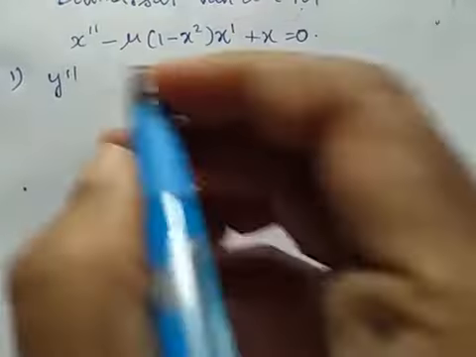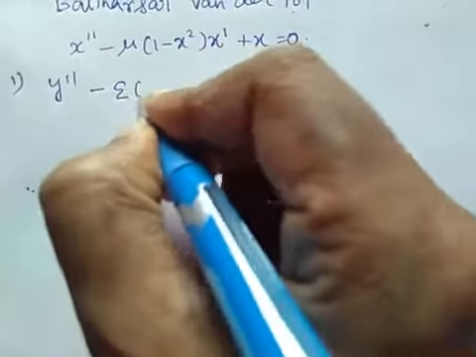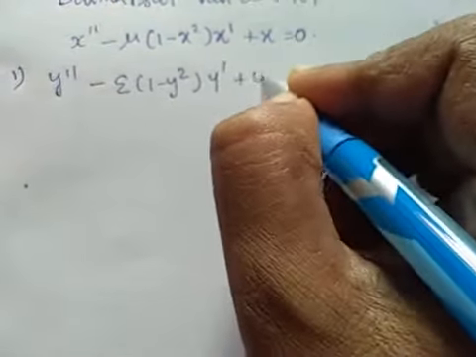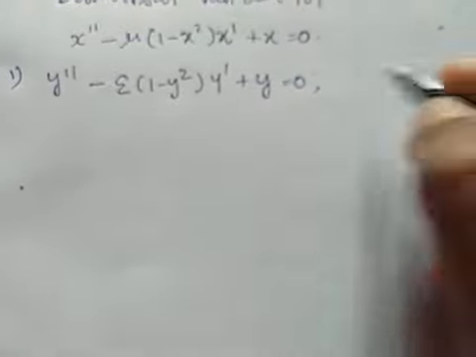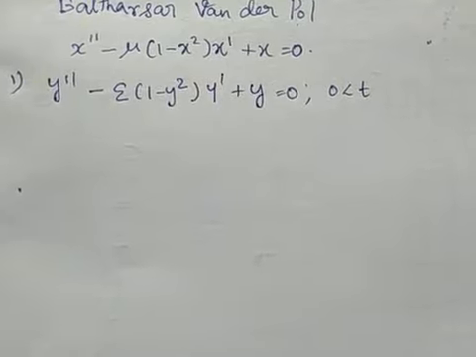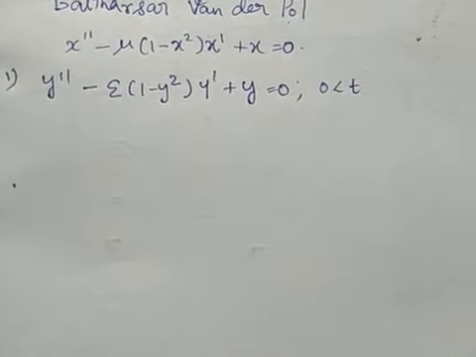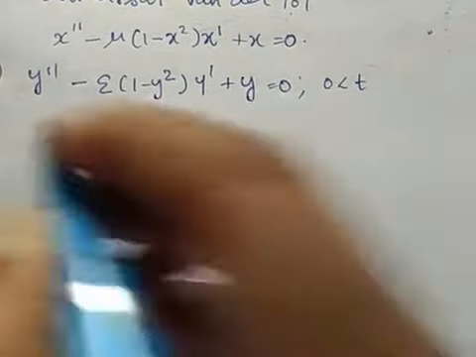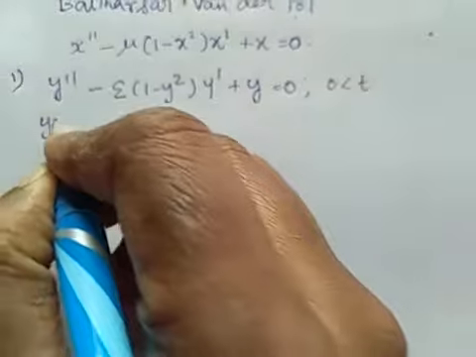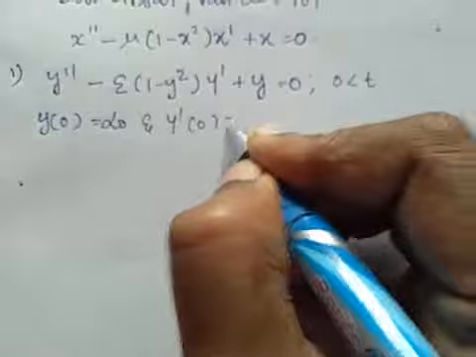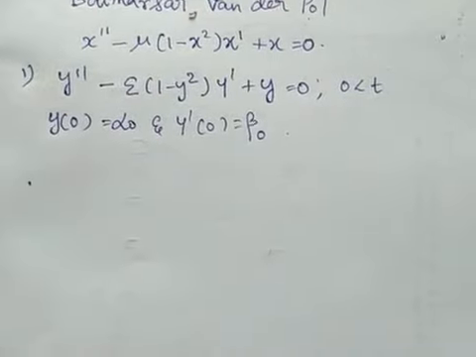So our equation is of the form y double dash minus epsilon (1 minus y square) y dash plus y equal to 0 for t greater than 0, using the initial conditions y of 0 equal to alpha naught and y dash of 0 equal to some other constant beta naught.